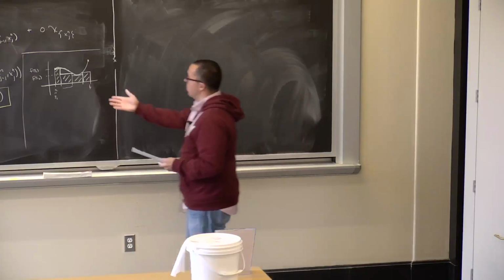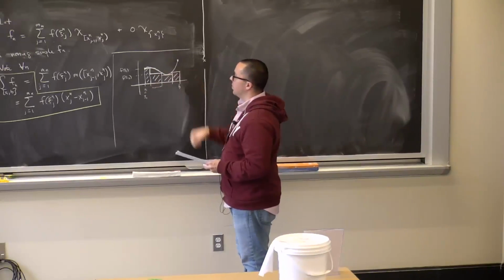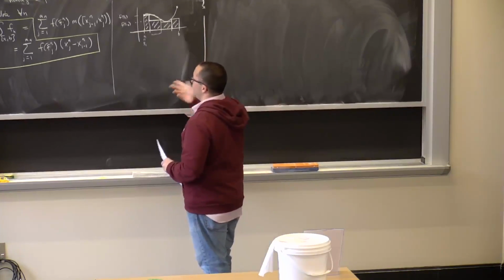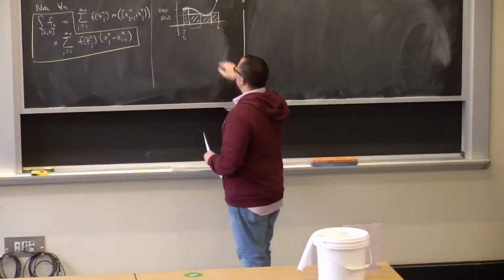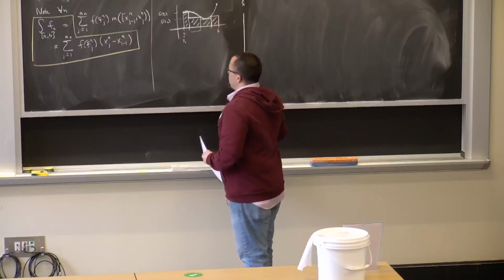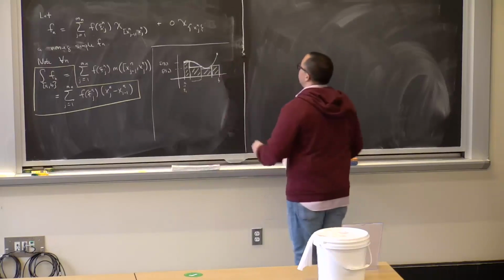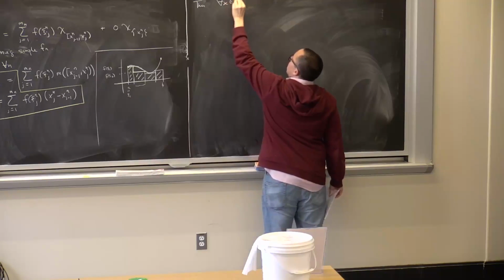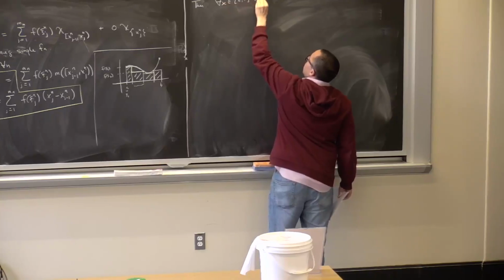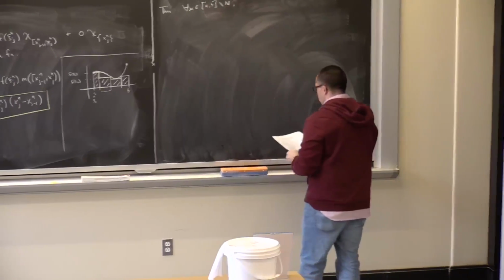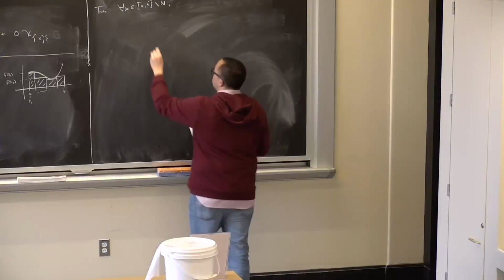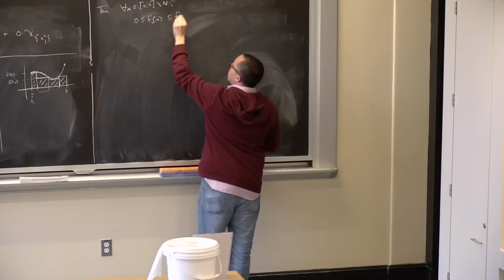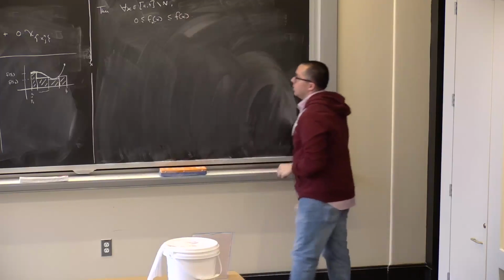And you can already guess from here what's the function that sits above all of the fn's, right? At least away from possibly the endpoints, it's going to be f. Then for all x in AB, take away n, the first thing is that Fn of x is less than or equal to f of x. Okay?